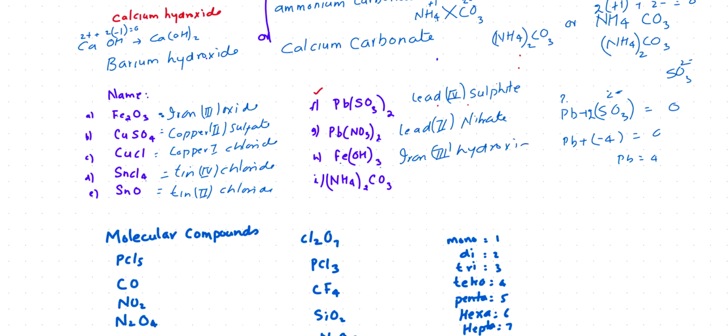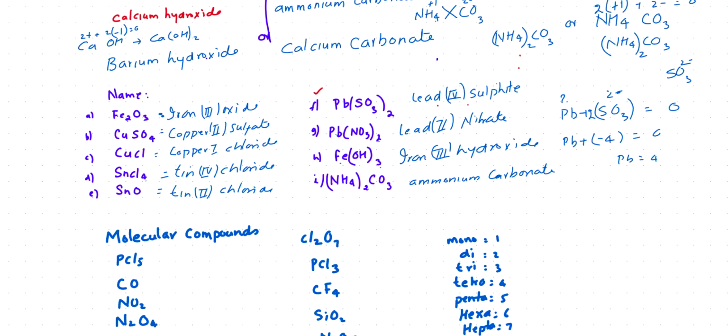So it's ammonium carbonate. Carbonate valency is 2, ammonium valency is 1. So this is ammonium carbonate. So like this we name. When the formula is given, we write the name like this.